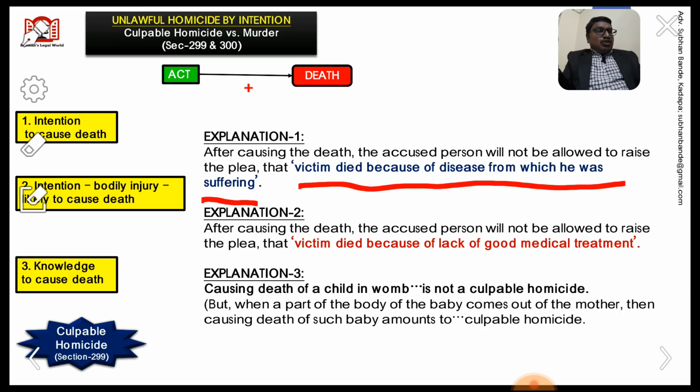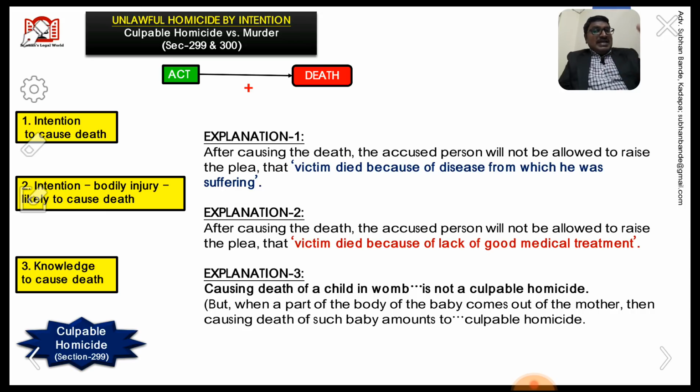Here, his intention is to cause a bodily injury. Whenever he causes the bodily injury, that bodily injury is likely to cause the death of the person in future. Hence, the accused person will not be allowed to raise the plea that the victim died because of the disease from which he was suffering, not because of my act.